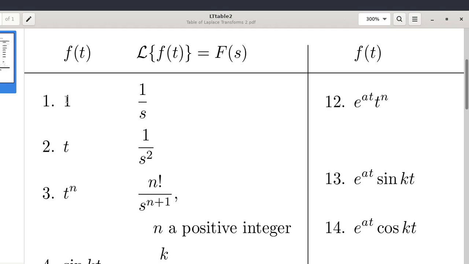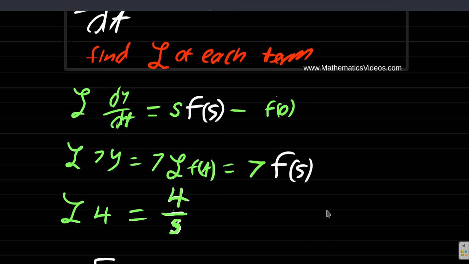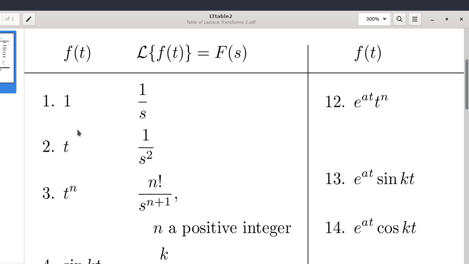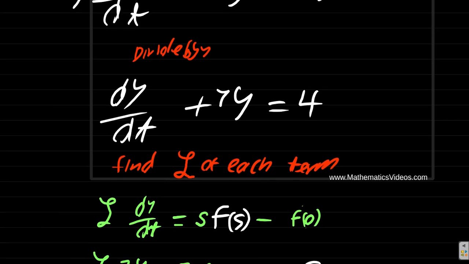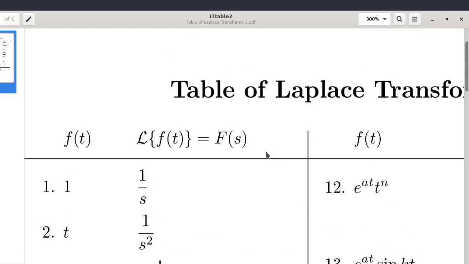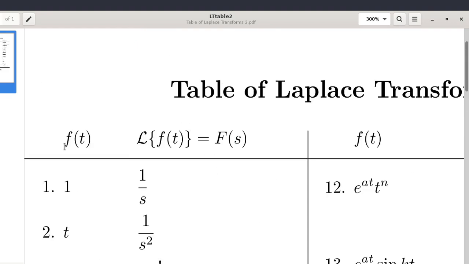The Laplace transform of f of t, which would be like y, we found to be, in this case, 7 F of s. Oh my, okay, good. Oh, it's up the top here. I was looking for it further down. I forgot it was up the top.